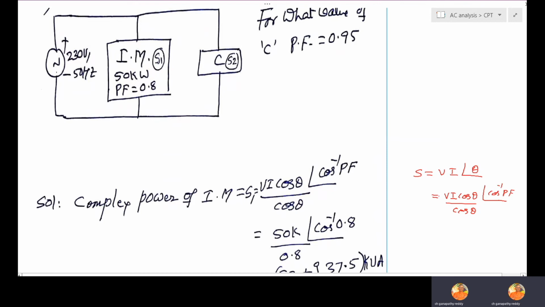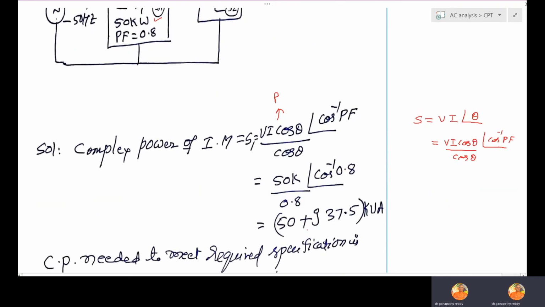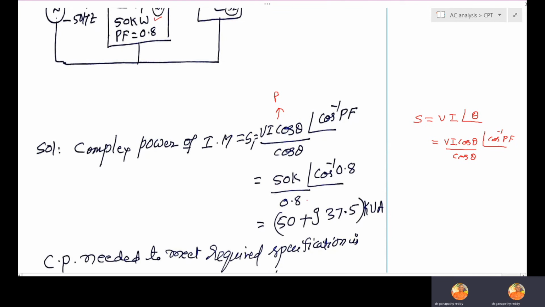But why am I taking VI cos theta? VI cos theta value is P. This P is given already. That is the reason I am doing it like that. So 50K by cos theta, where cos theta is 0.8, cos inverse of 0.8. Convert into rectangular form, you are getting this. Indirectly, with the help of the given data of P and power factor, we are finding S.